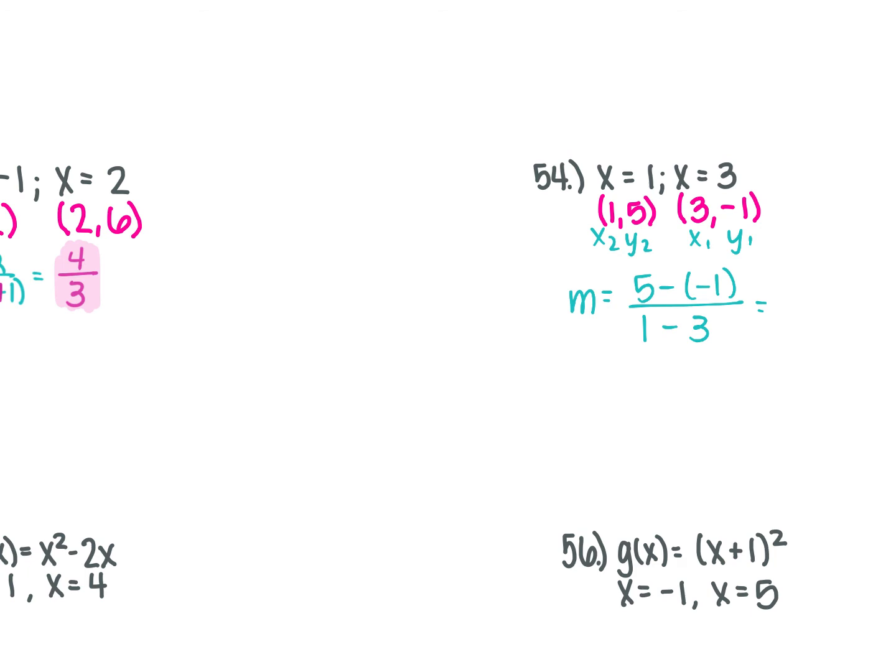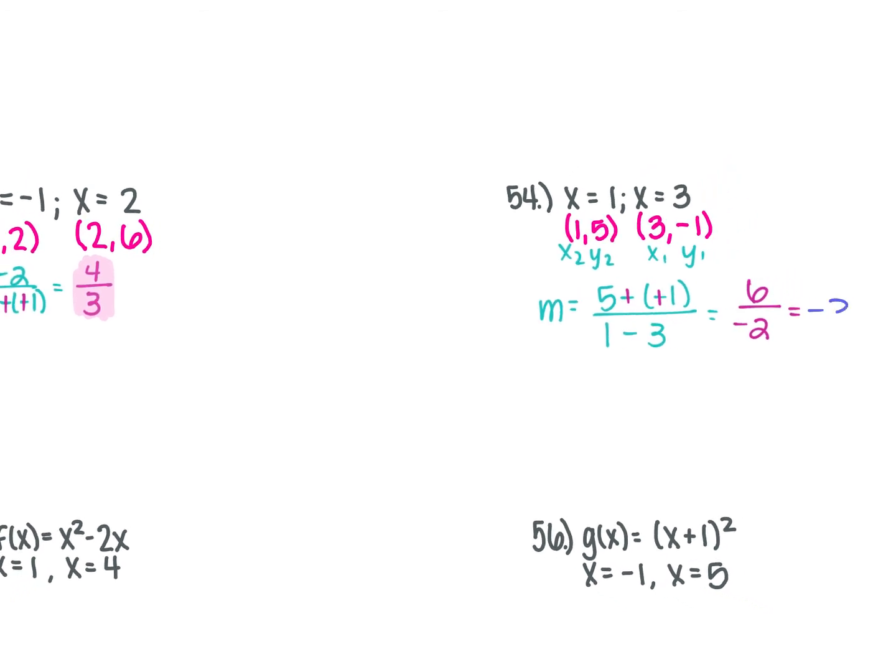The 5 minus negative 1, double negative, turns into 5 plus 1. So that's 6. And then 1 minus 3 is negative 2. The 6 over negative 2 does simplify to be negative 3. So your average rate of change or your slope is -3.